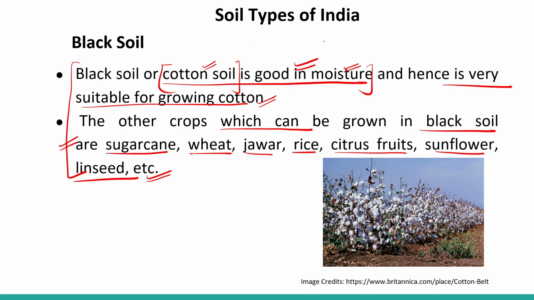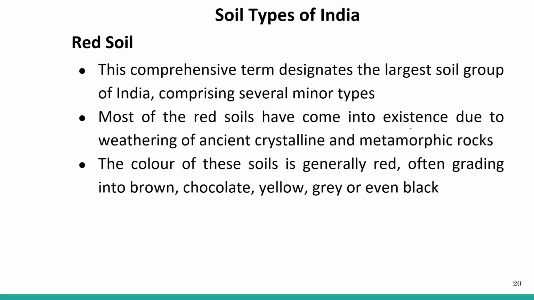Because this soil has a lot of moisture in it, and cotton requires a lot of moisture for its growth. So this soil is best for growing cotton. The other crops that can be grown in this soil are sugarcane, wheat, jowar, rice, citrus fruit, sunflower and linseed.